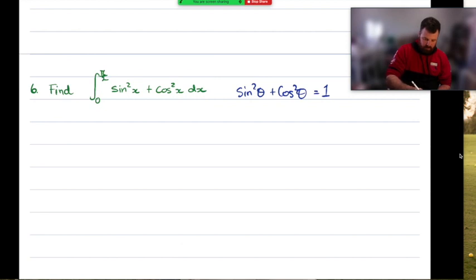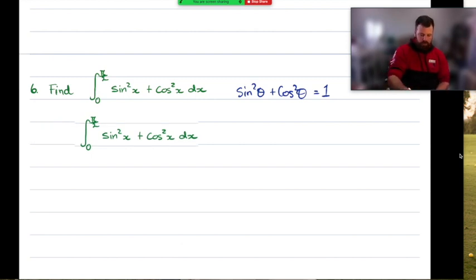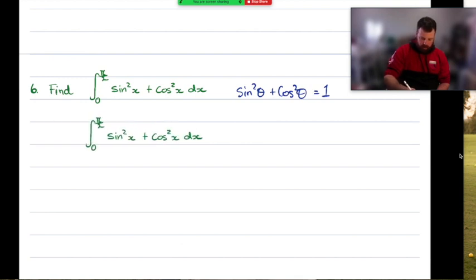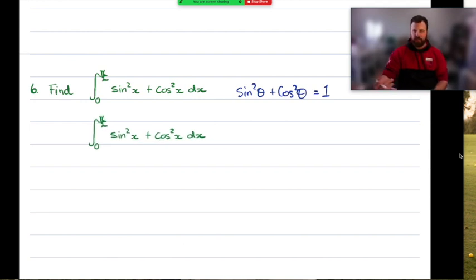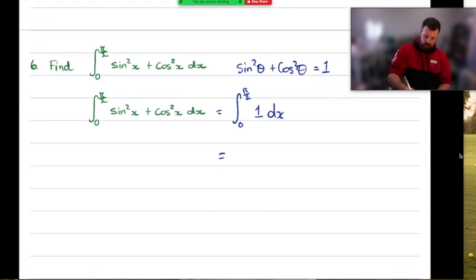So we know that the integral evaluated between 0 and pi on 2 of sine squared plus cos squared is just the integral between 0 and pi on 2 of 1, because sine squared plus cos squared is 1, which is just x between 0 and pi on 2.